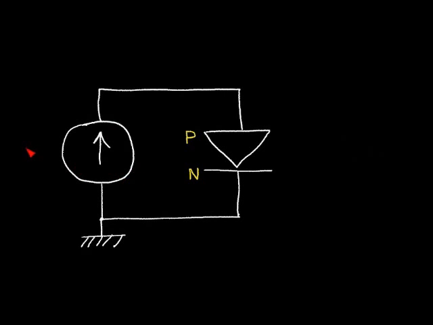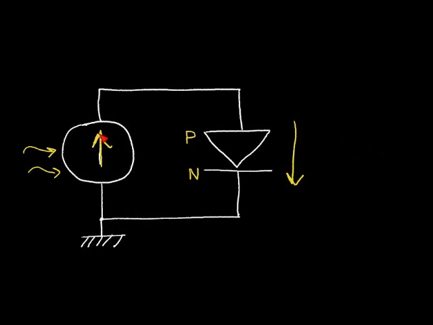Now, how this model works is we have light that hits this diode, and the light generates a current in this current source here. With no load, this current is going to flow through this diode. So look at this.